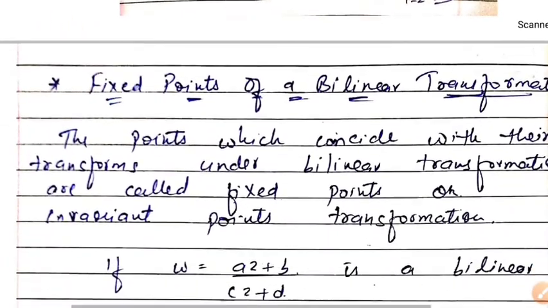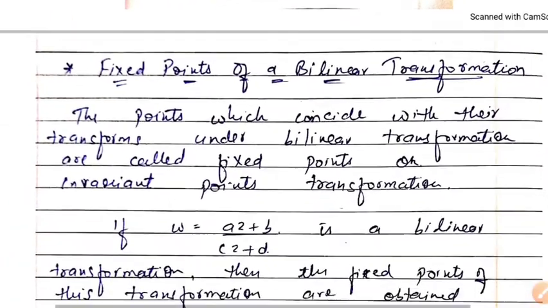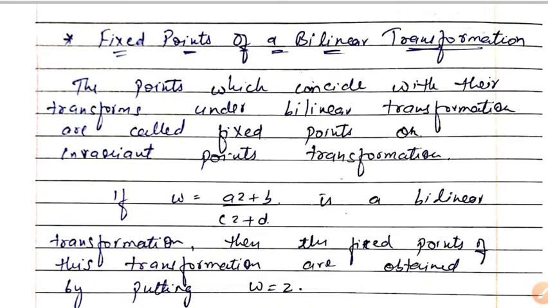Now let us move towards the next portion of the topic, that is fixed point of a bilinear transformation. Now what is the fixed point of bilinear transformation? The points which coincide with their transforms under the bilinear transformation are called fixed points or invariant points of the transformation.